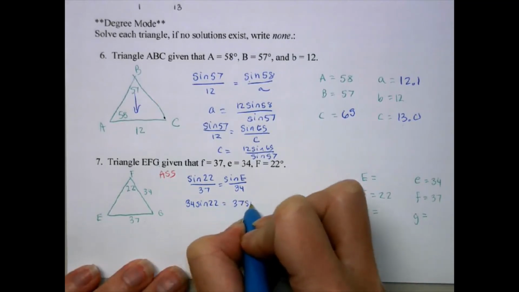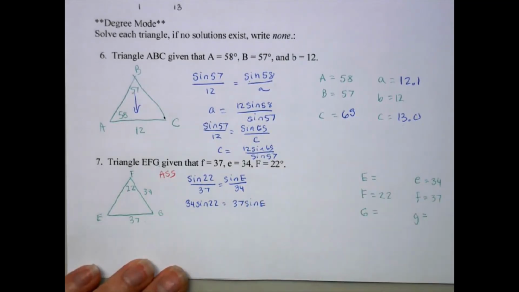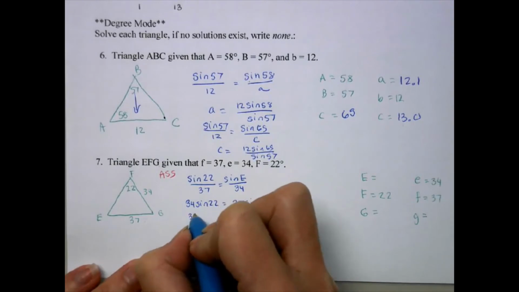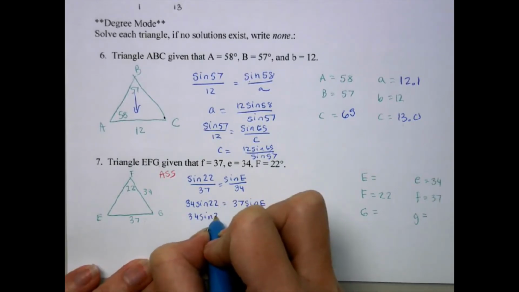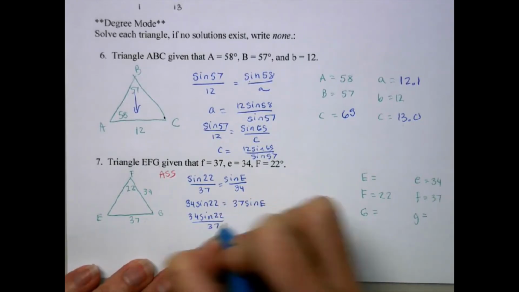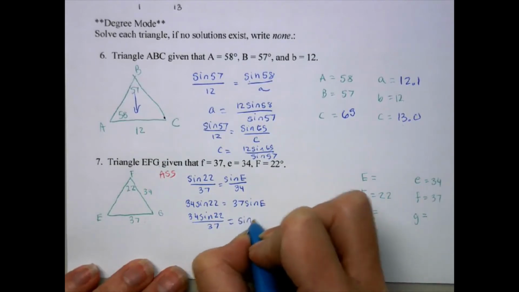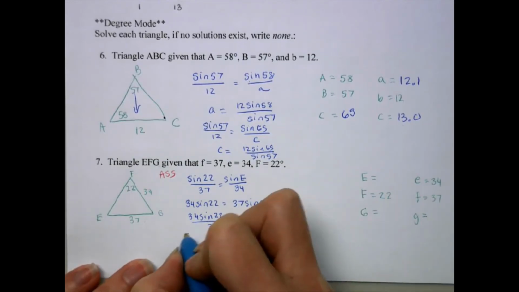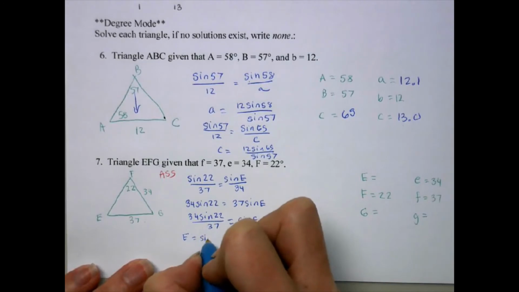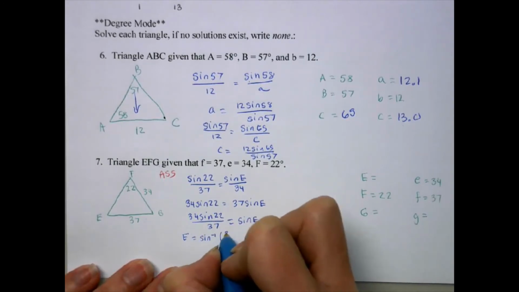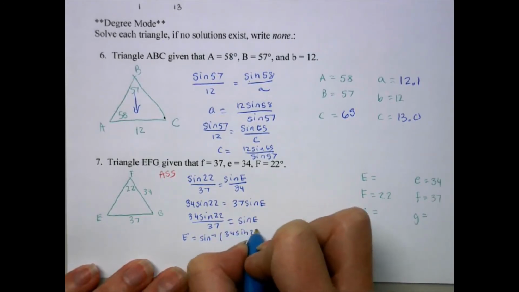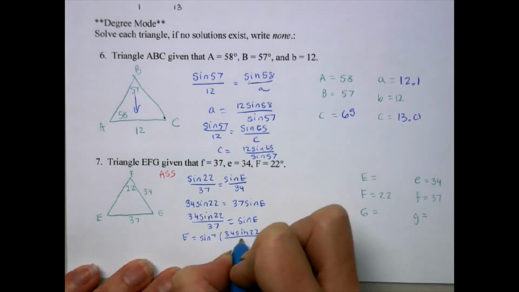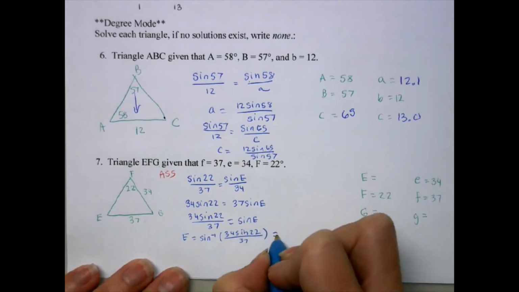Okay, cross multiply, divide by 37, and then we're going to take the sine inverse. So E is the sine inverse of all of that. Okay, which gives us 20.1.